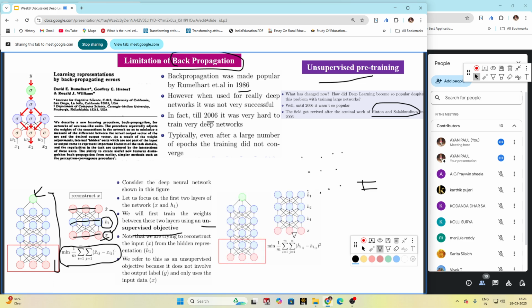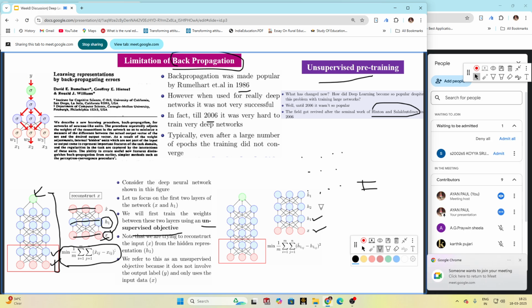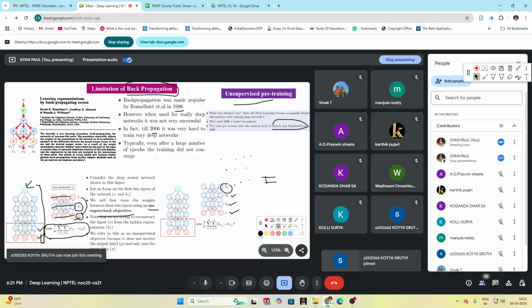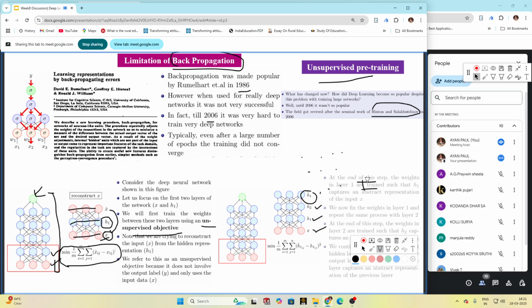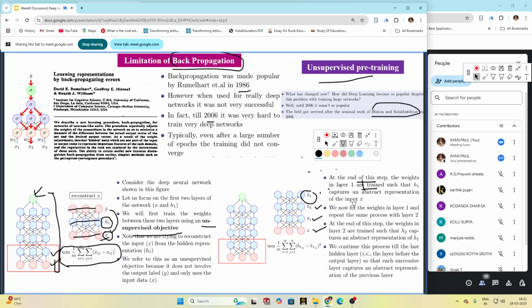Now, how can we proceed? We have learned X by H1. Now we will learn H1 by H2. So we have already learned this, and now we will be learning the H1 layer by the H2 layer, and this is the H1 cap. That means this H1 layer will be learned by this H1 cap layer. Again our model will learn H1 with the help of the H2 layer.